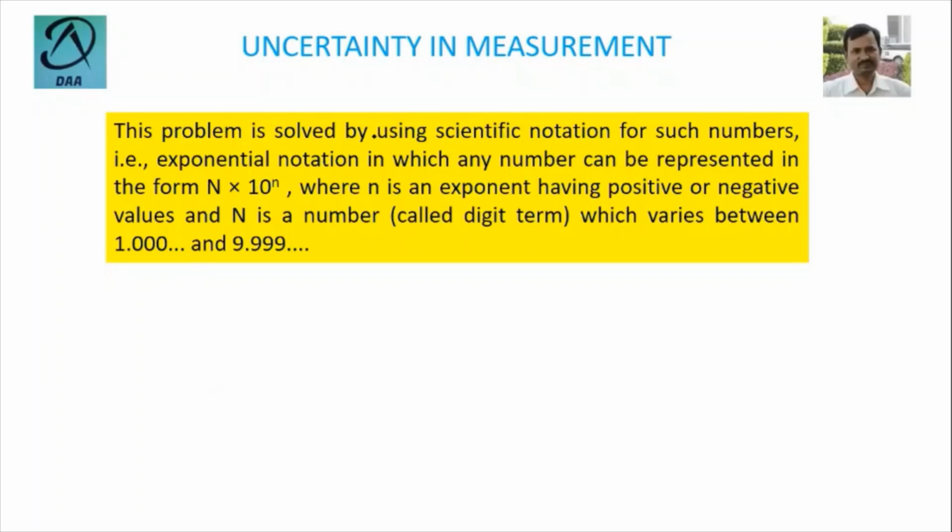This problem is solved by using scientific notation for such numbers, that is exponential notation, in which any number can be represented in the form of capital N multiplied by 10 to the power small n.